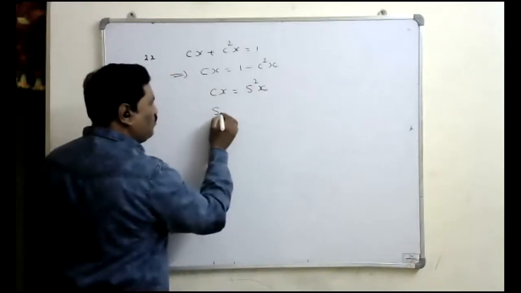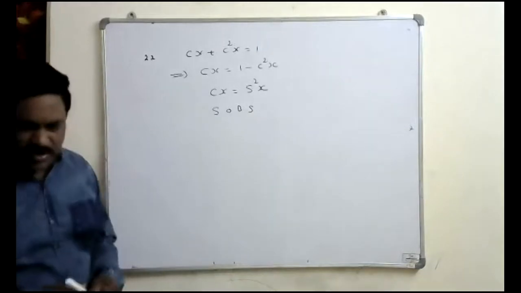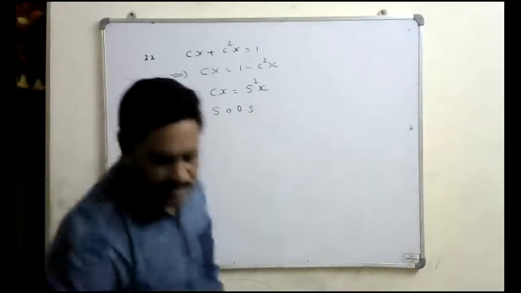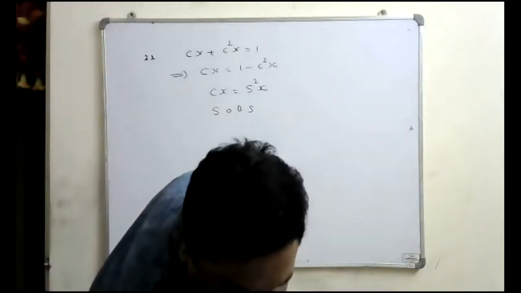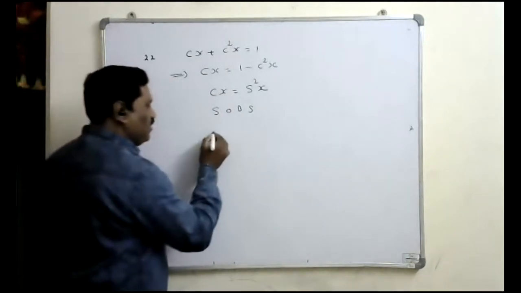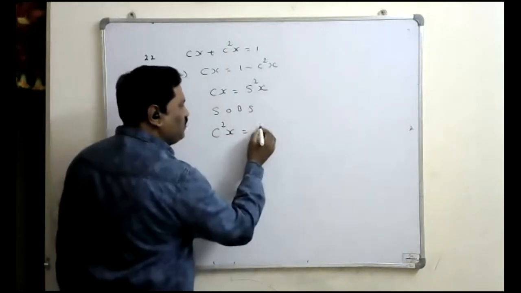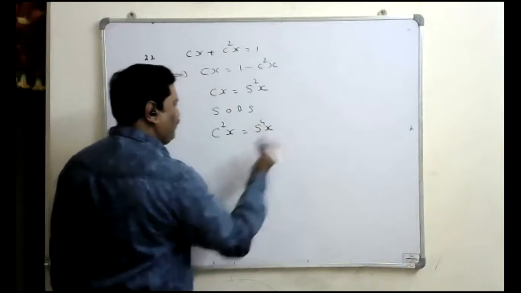Now square the equation on both sides. If we square it on both sides, then we get cos square x is equal to sin square x whole square, which is sin power 4x.